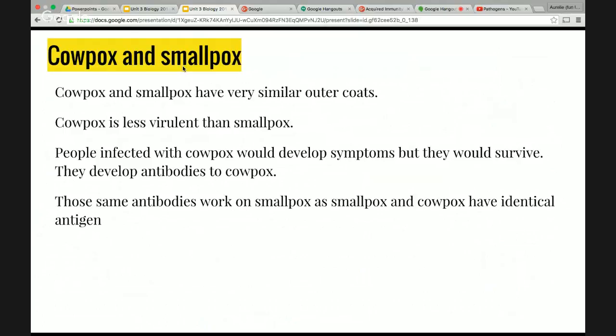Cowpox doesn't make you very sick, whereas smallpox does. People infected with cowpox would develop symptoms, but they would survive. They wouldn't die from it. And they develop antibodies to cowpox. Those same antibodies work on smallpox, as smallpox and cowpox have identical antigens. And this is how the smallpox vaccine was created.